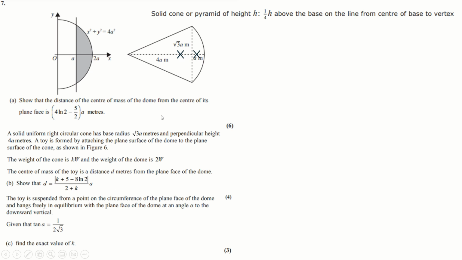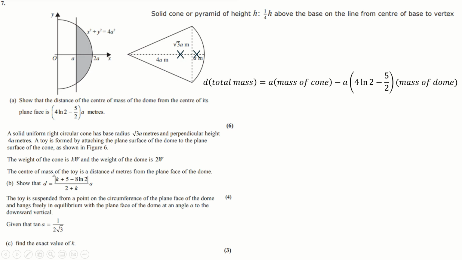Now to do that, I can use the same kind of thing I was doing way back in question 1, which is the overall center of mass across times the total mass of the entire toy is equal to this distance across times the mass of the cone, and then minus, because of course this center of mass, I'm just saying, is going the wrong way. So I'm kind of just assuming that the whole center of mass is towards this direction. It doesn't end up mattering.